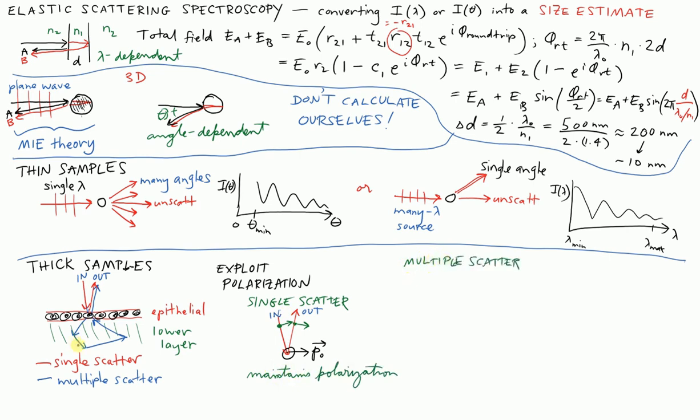Now let's consider what happens with multiple scatter. So if we just redraw this path of what's happening over here, we have light coming in, then it scatters a bunch of times, and then it comes out of the tissue. Each time it scatters, there's a different location at which it scatters.